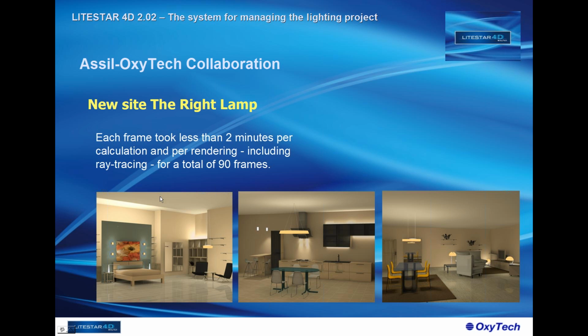It means that for any room, we developed a total of 30 different frames in around an hour per room. So in 3 hours, we could develop a total of 90 frames.